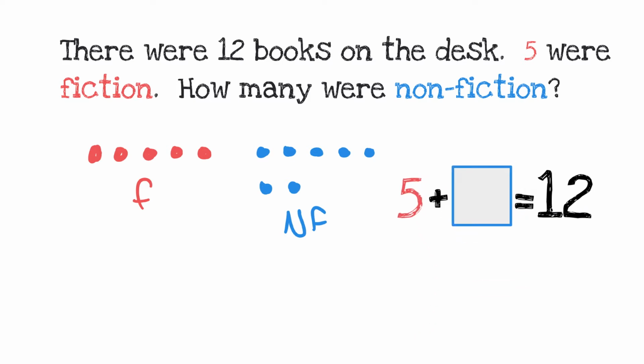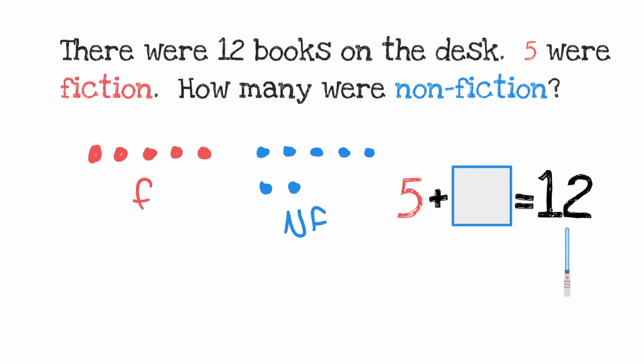So this would be our 5. Here's our 5 fiction right here, plus our mystery number, nonfiction, because how many were nonfiction, and how many is our clue that we don't know how many are there, so how many were nonfiction. And there's 12. That's our total amount.